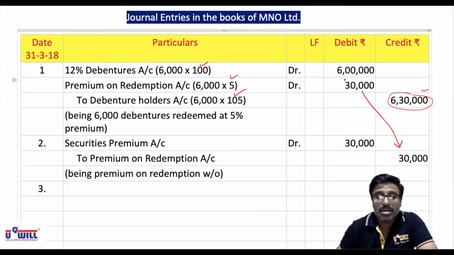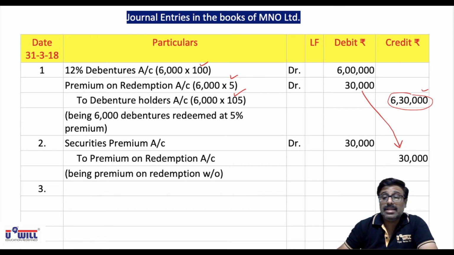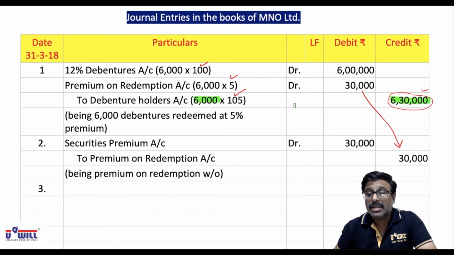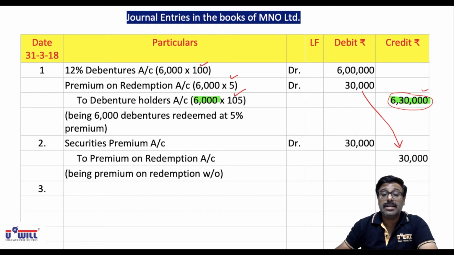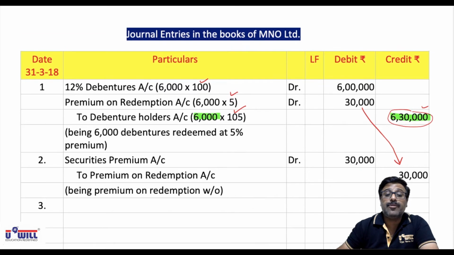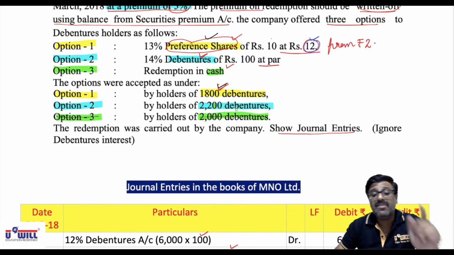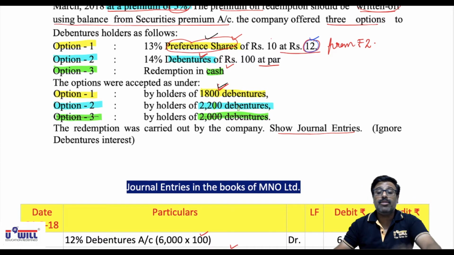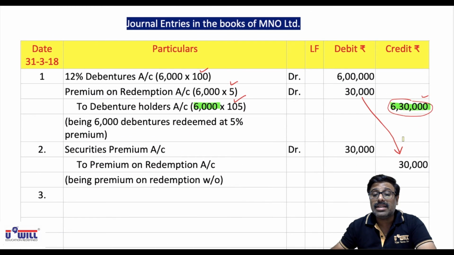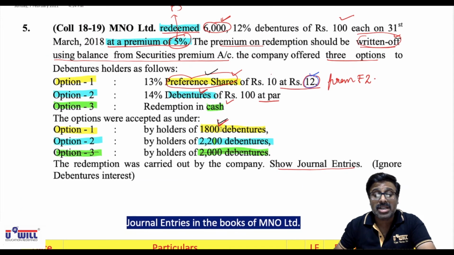Wrong! No, this 6,30,000 is payable on 6,000 debentures, whereas the first option is taken by only 1800 debentures. So if I ask you, do we have to pay 6,30,000 to the holder of 1800 debentures?